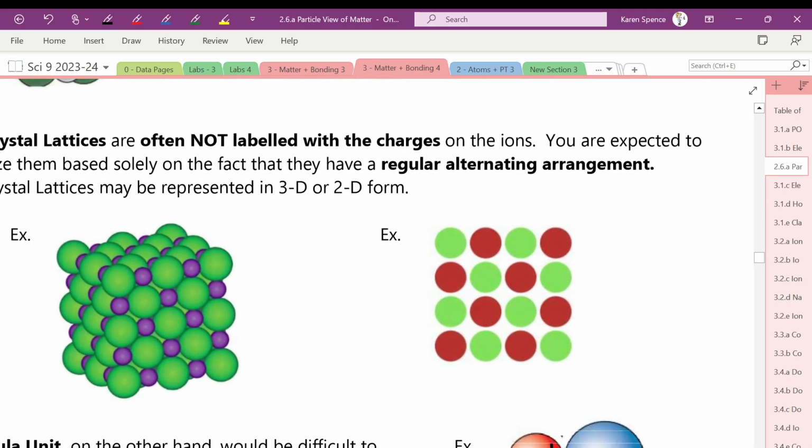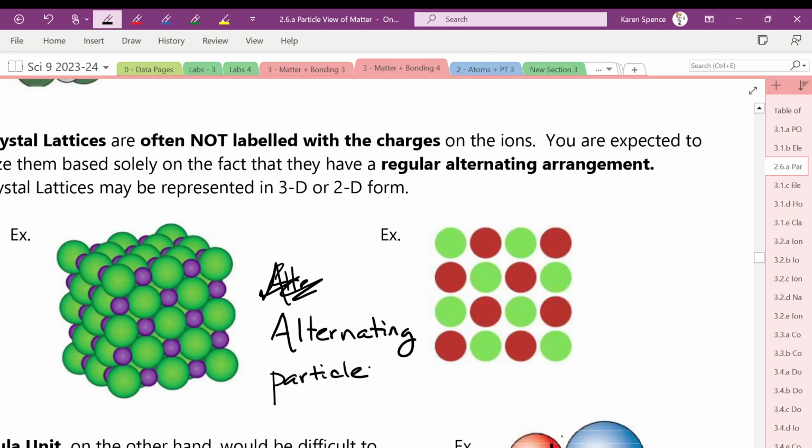Could you recognize these guys as being crystal lattices? Yeah. Even though we don't have the plus and minus signs, we have alternating particles. So if you have alternating particles, that lets you know that you have a crystal lattice.